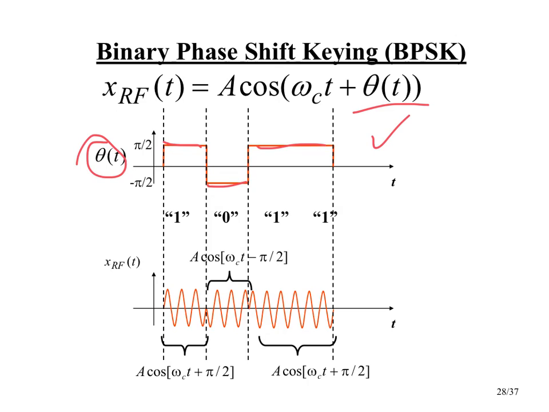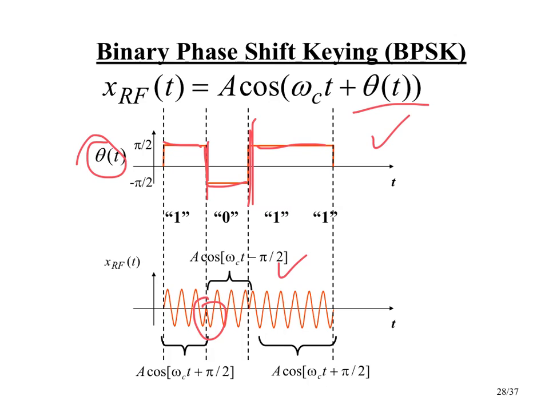And here's a simplified version of what the actual RF signal would look like for a very low carrier frequency compared to the interval for each bit. But you can see that these switches, the changes in phase, create discontinuities in the RF signal.